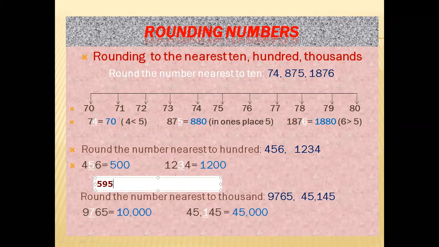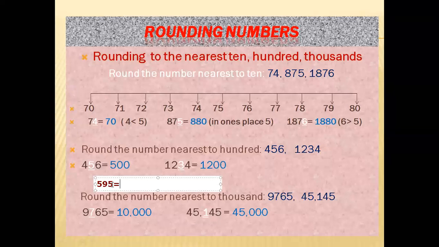595. Round the number nearest to 10. Nearest to 10 means which place digit we have to see now? We have to see the ones place digit.